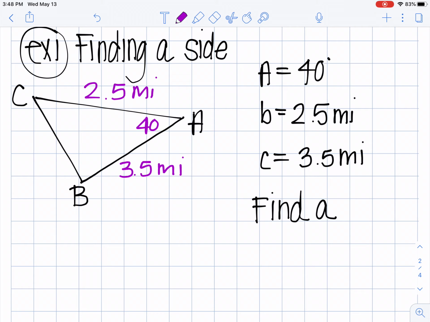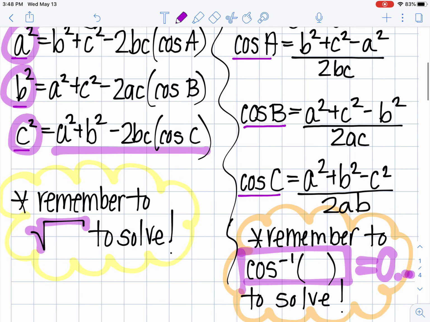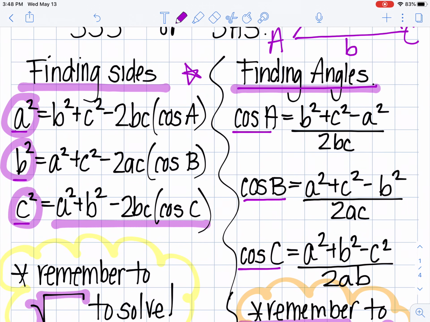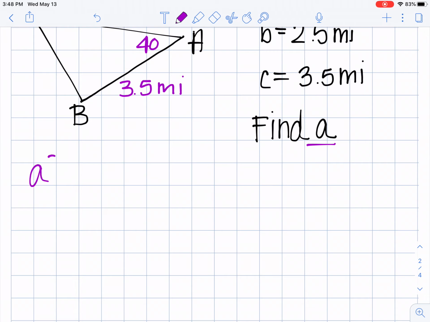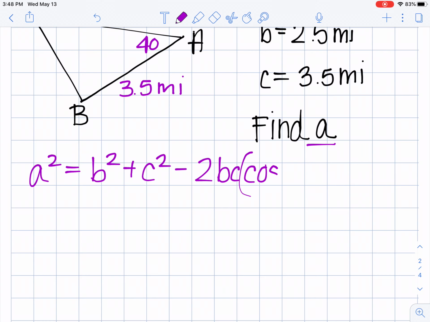Because I want to find little a, I'm going to use the top formula. a squared equals b squared plus c squared minus 2 times b times c times the cosine of angle A.